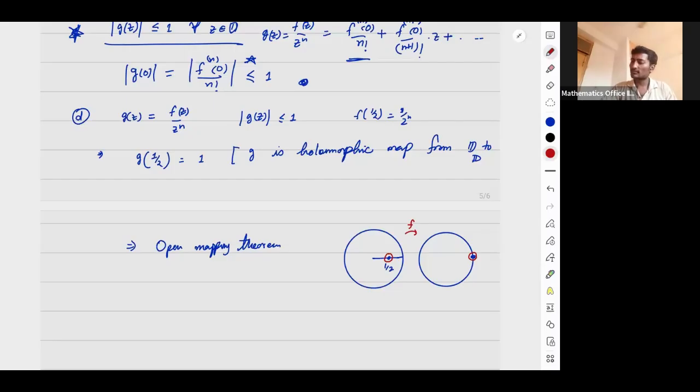This is a contradiction. It fails, because g is holomorphic. This is a contradiction, hence g is a constant function. g is a constant map.